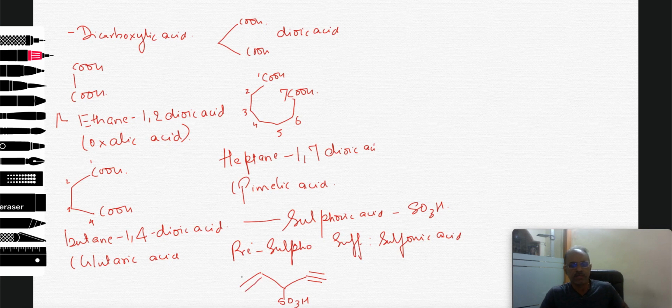Fine. The numbering we will start from here. Alkene, because alkene has to be given a first preference over triple bond. Now it will be 1, 2, 3 and 4, and here 5.